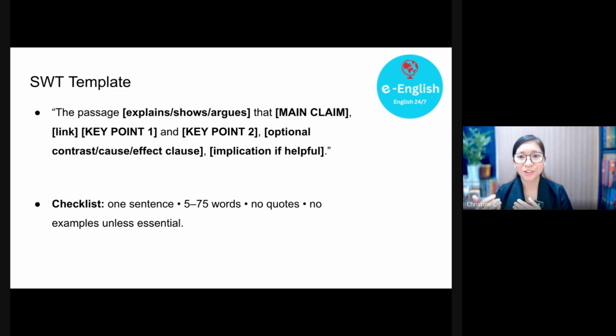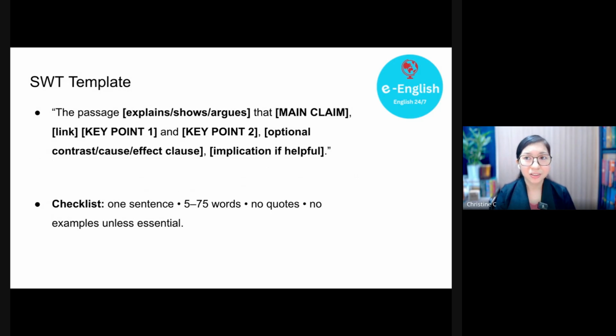The passage shows. The passage argues. The passage proposes. The passage highlights. The passage indicates or claims or asserts. Then you say the main claim, which you can see in the passage. Say the main claim, and then we link key point 1 and key point 2.